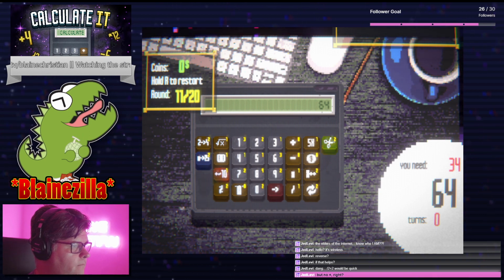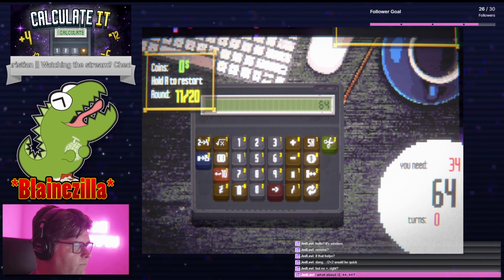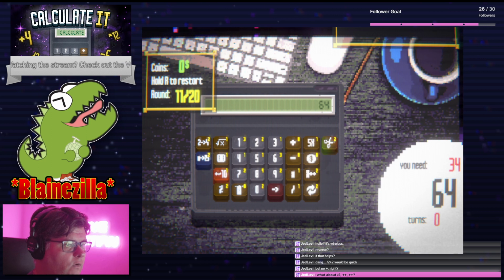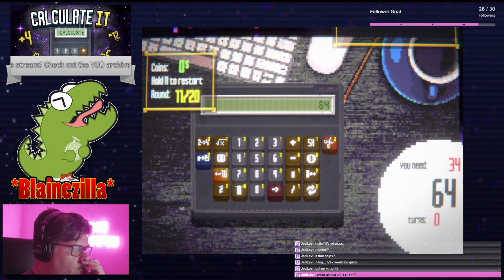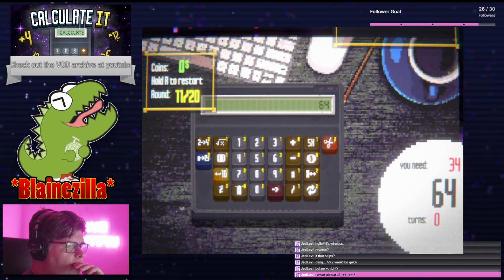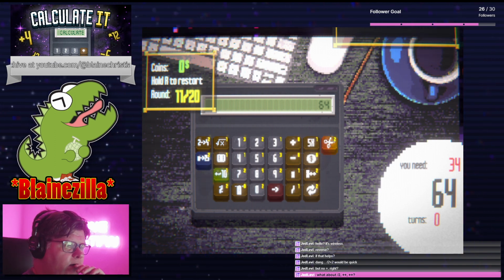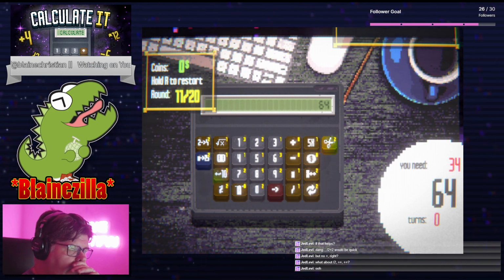No minuses, but we have one divide left, and we can obviously divide by 2, increment. 32. That's 3 button presses. That's probably it.